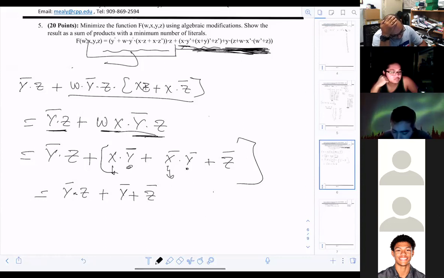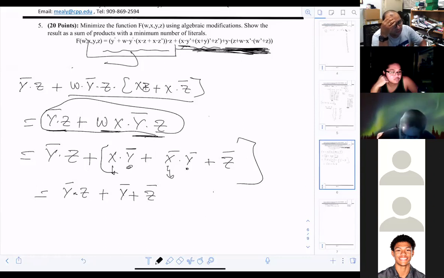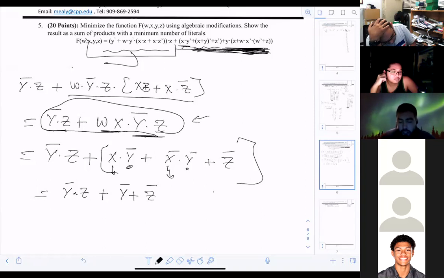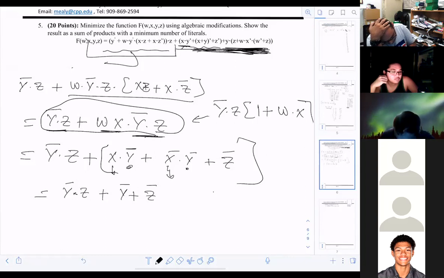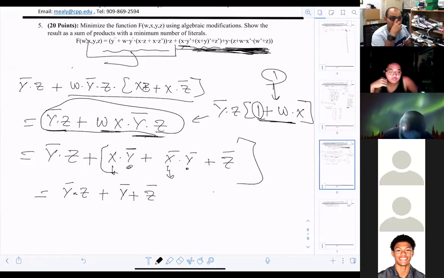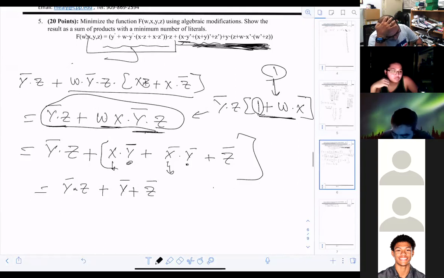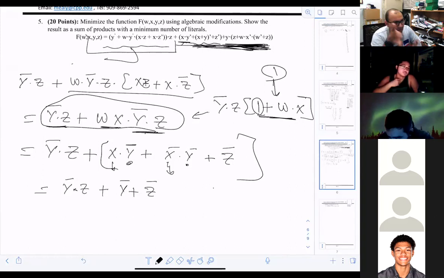I will tell you. It's going to be Y complement Z, and then one ORed with WX. Anything ORed with one is going to be 1. Do you understand? Gotcha. Okay.